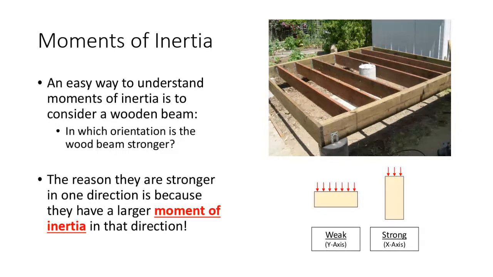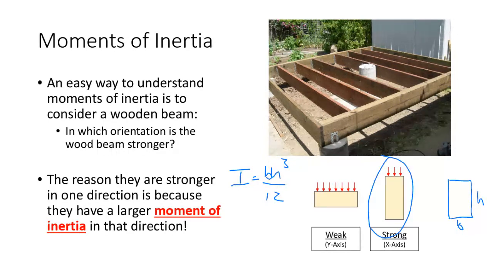What you find is, if you look at the orientation here, so let's say you've got a rectangle, right? We call this side B and this side H. The moment of inertia is bh cubed over 12. Well, just think about the way they're oriented. This beam is going to have a higher moment of inertia than this beam, because the height is higher for this one than it is for this one, okay?